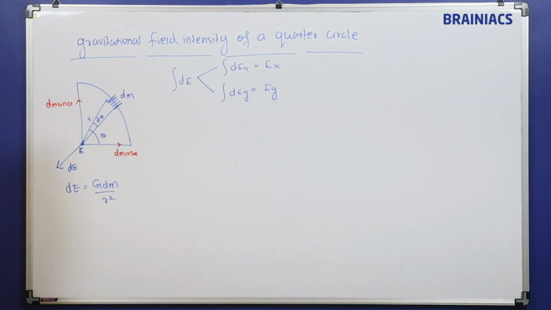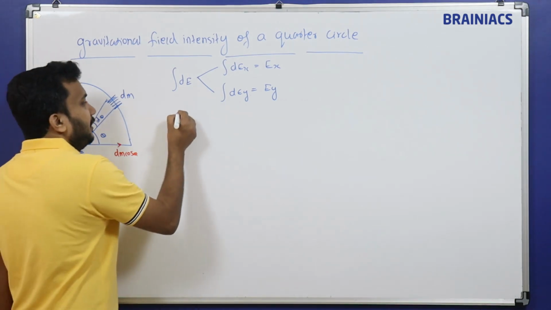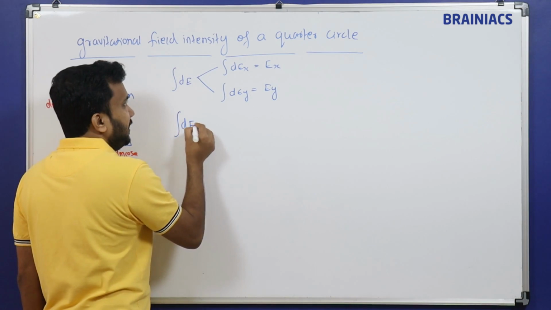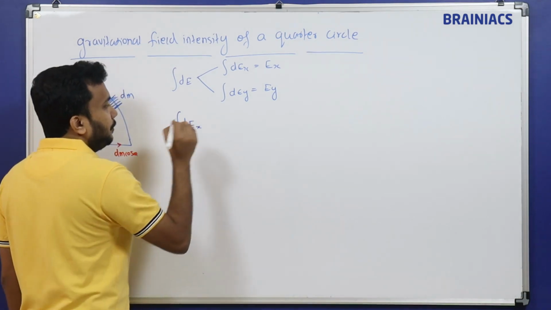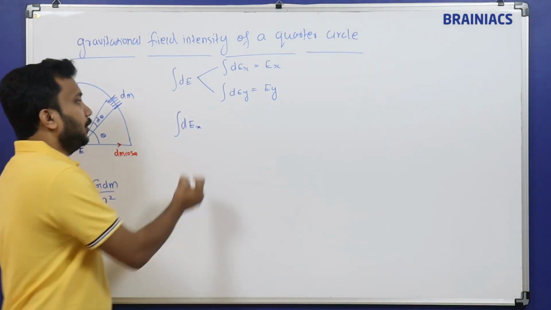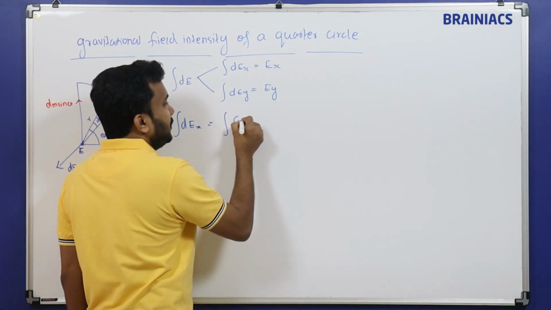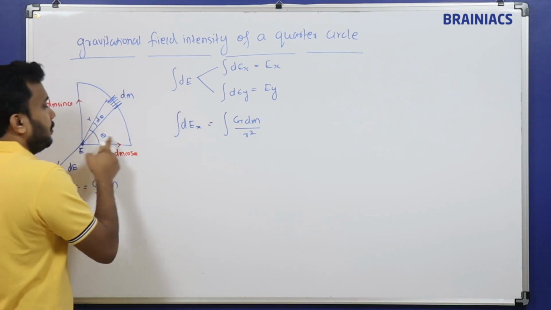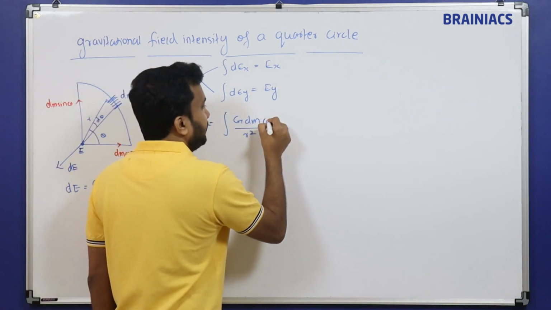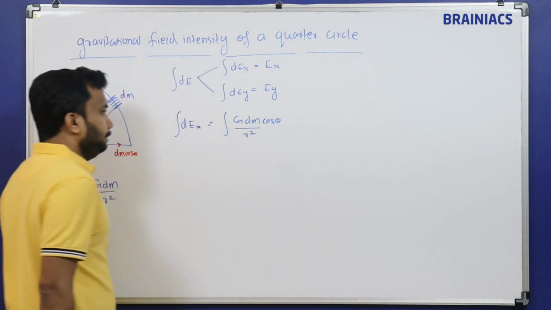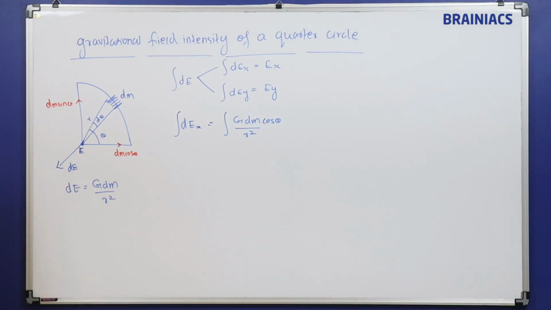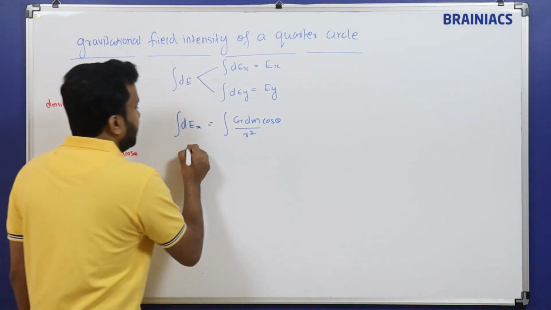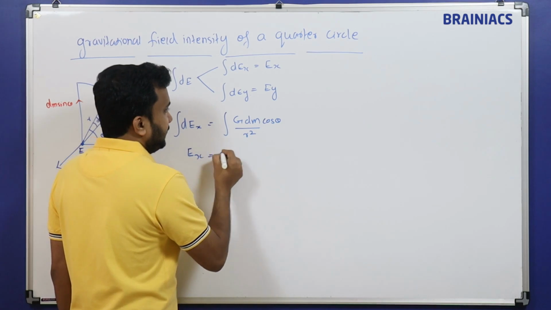Let me write: integral dEx is equal to integral G into dm divided by r square into the x component, cos theta. So it becomes cos theta.